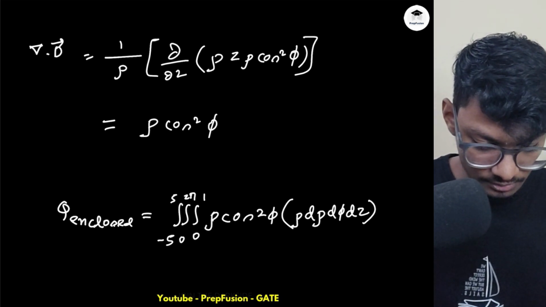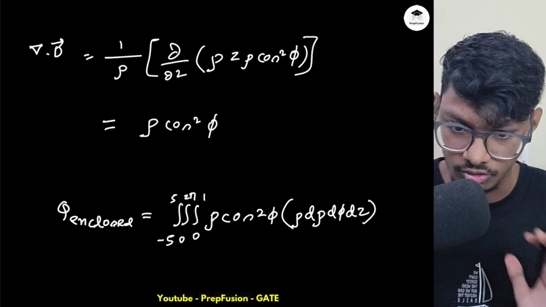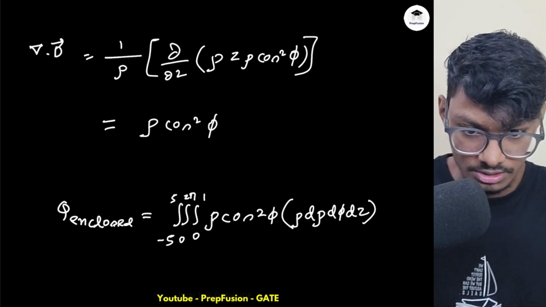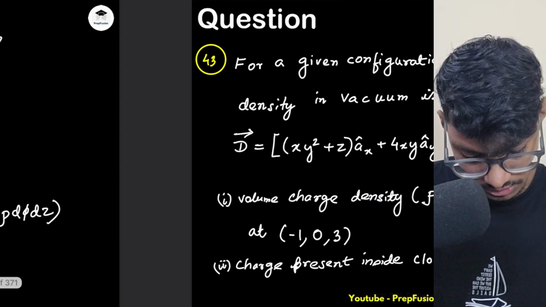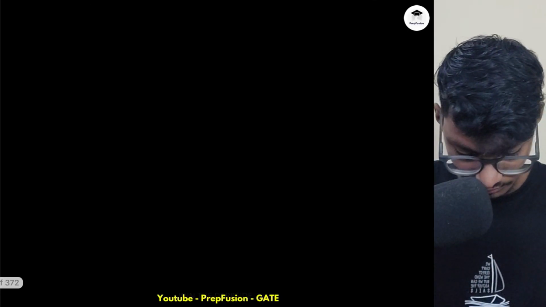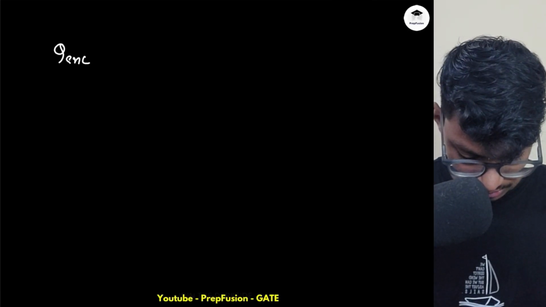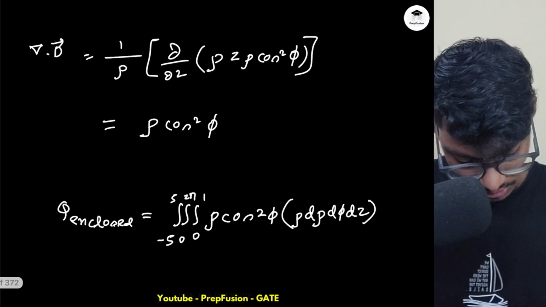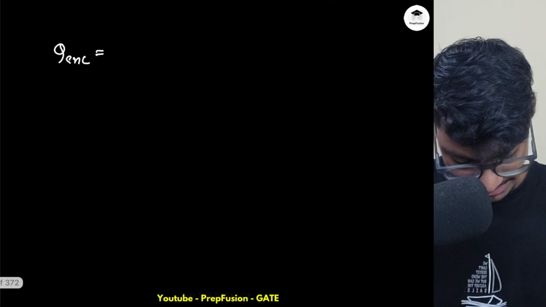So they are all in multiplication format, so I can solve them individually actually. So how will I solve them individually? Charge enclosed will be simply, this will be rho cube by 3 from 0 to 1.